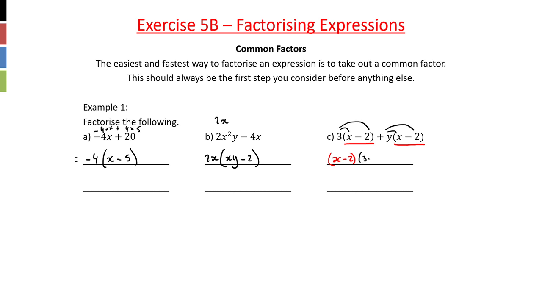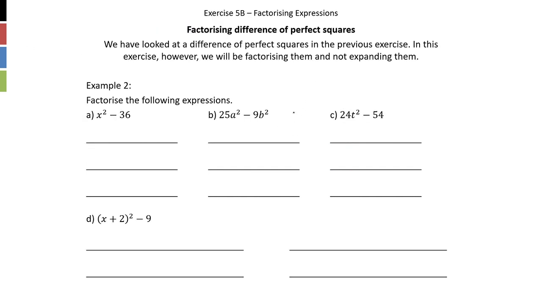I'm going to multiply it by 3. And what do I need to multiply x minus 2 by to get y times x minus 2? I need to multiply it by y. So that's my solution there. I've taken the binomial out as the common factor, and if we did FOIL, we'd find that they are equal. So that's factorising by using the common factor.